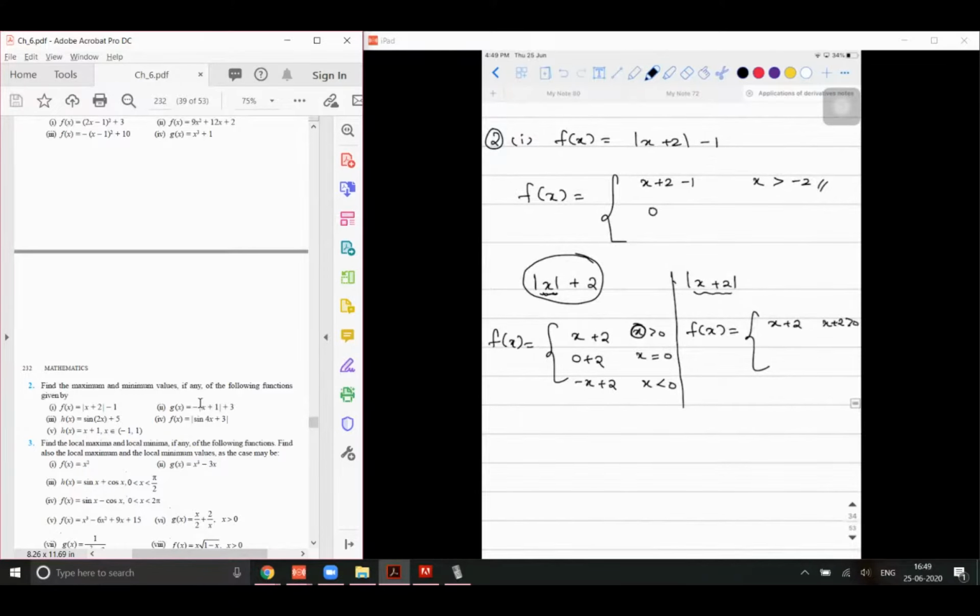Now what should I write here? 0 minus 1 when x is equal to minus 2. Similarly, it will be minus of x plus 2 minus 1 when x is less than minus 2.